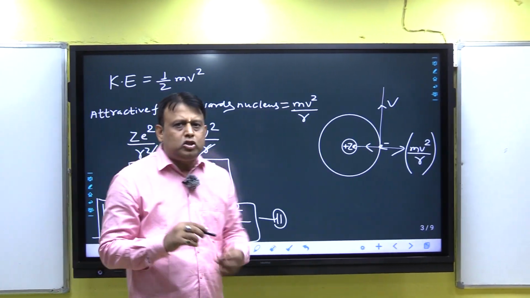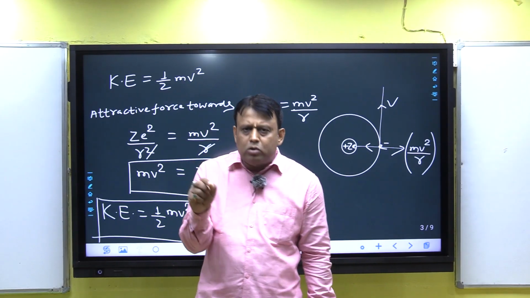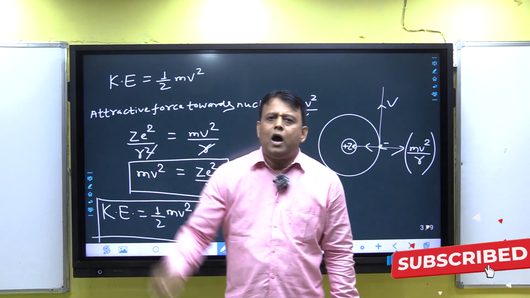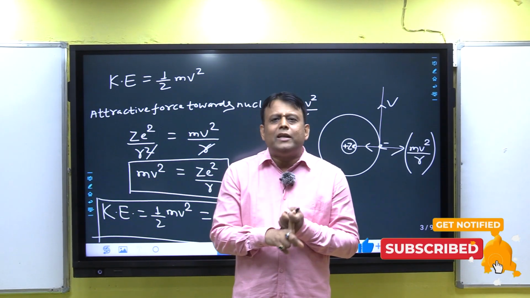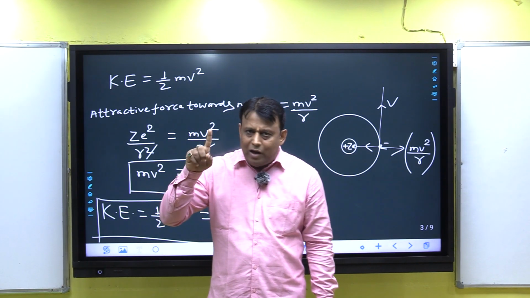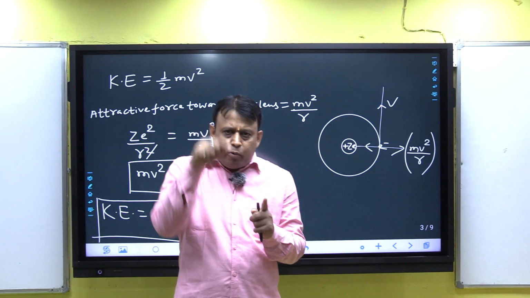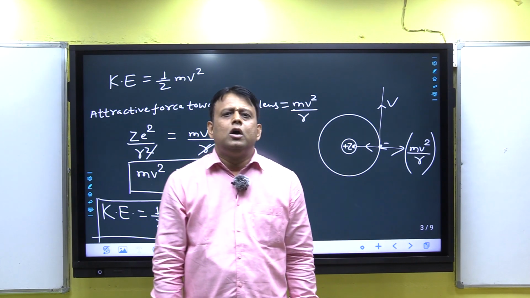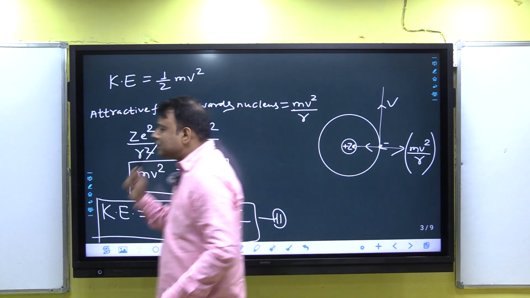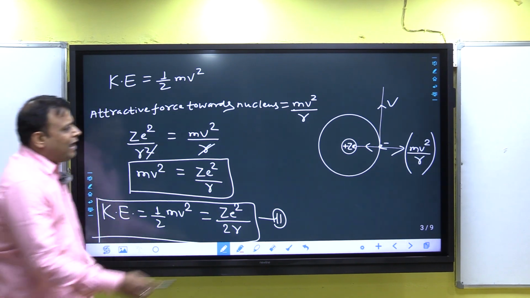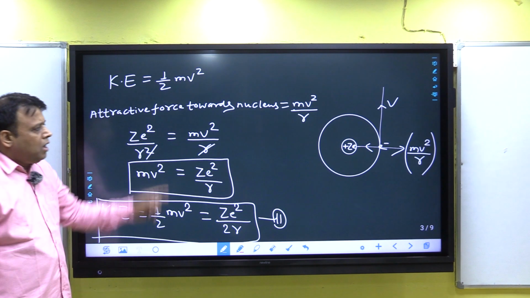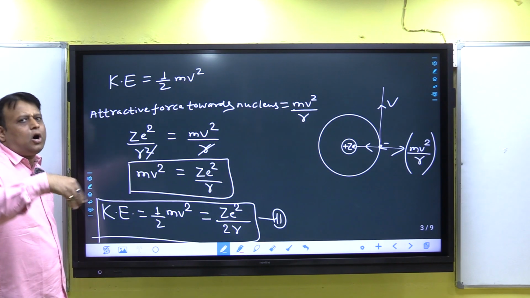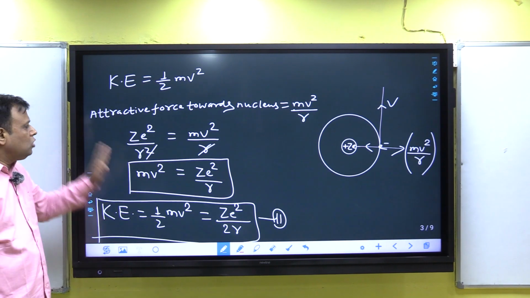We know that attractive force between two charges is proportional to Q1 into Q2 divided by R square, but potential energy is proportional to Q1 into Q2 divided by only R. Again I am repeating, force is proportional to Q1 Q2 by R square and potential energy is proportional to Q1 Q2 by R. In this case, attractive force is Ze into e divided by R square, and force is always positive and hence sign is not taken.